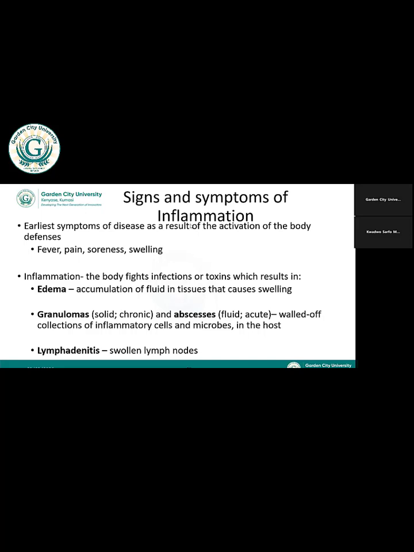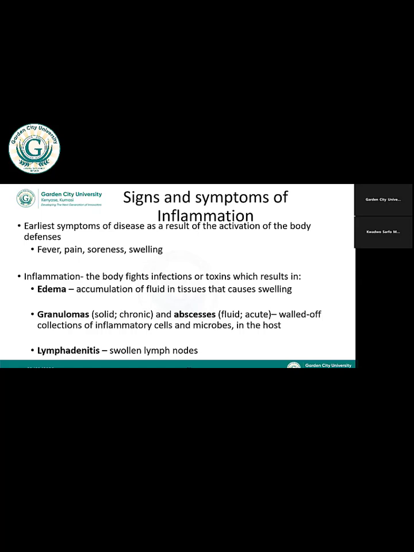So we could have these manifestations resulting from inflammation. Can have fever, pain, soreness, and swellings as a result of the infectious agent in the host, and as the immune system tries to fight back.